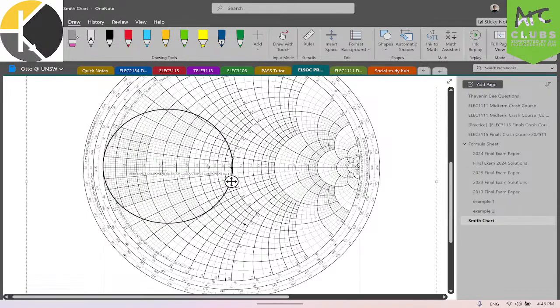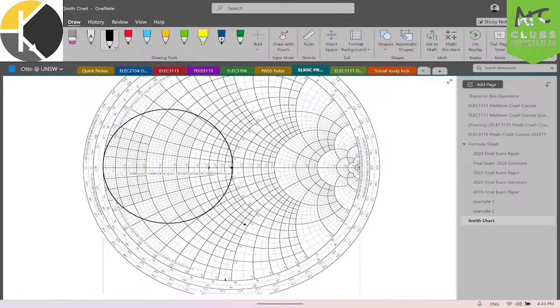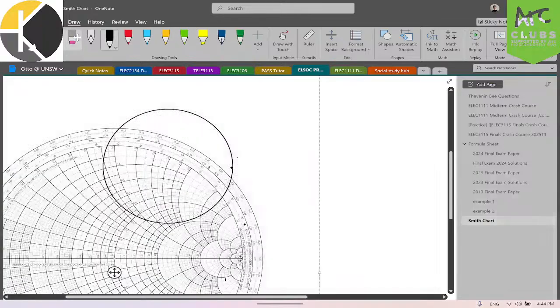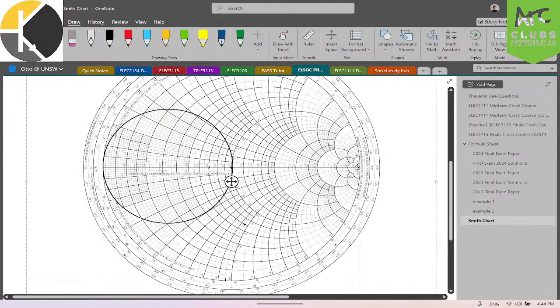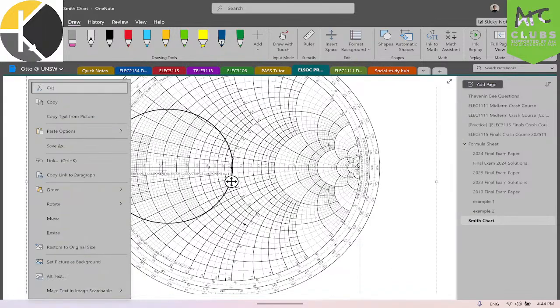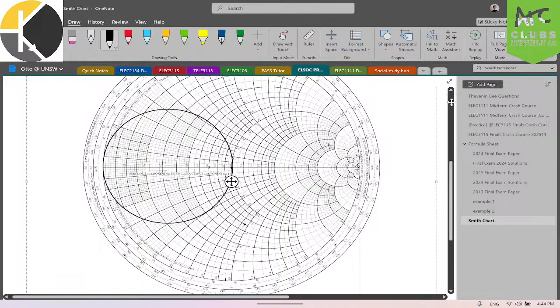So this circle is your resistance equal to 1 circle. This circle is your conductance equal to 1 circle, right? So the procedure, what you're attempting to do, you're going to rotate this impedance. This is going to be a circle around the origin.